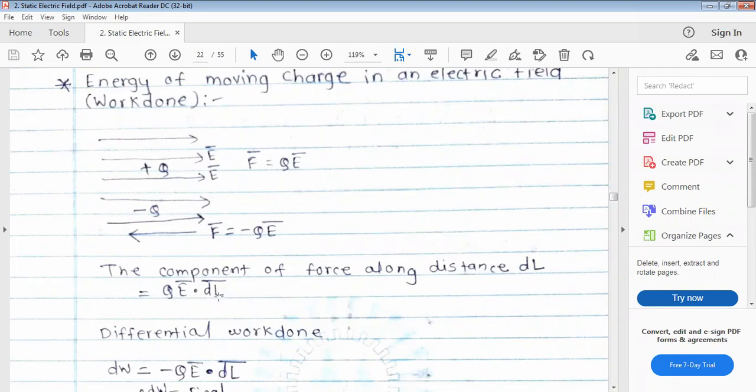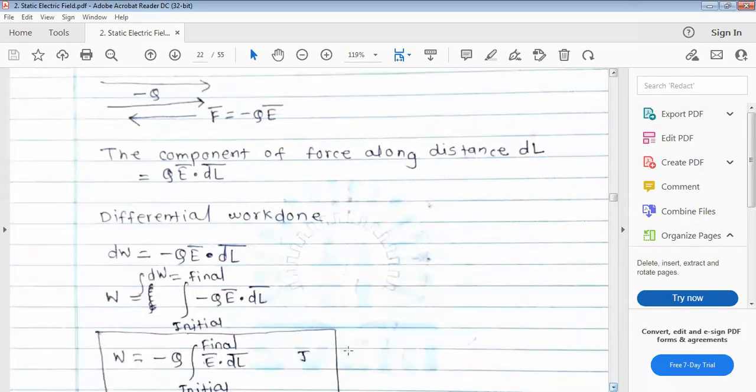Now you are doing that work. So that work done is the differential work done, and it is given by dW, and this dW is equal to minus Q E bar dot dl bar.